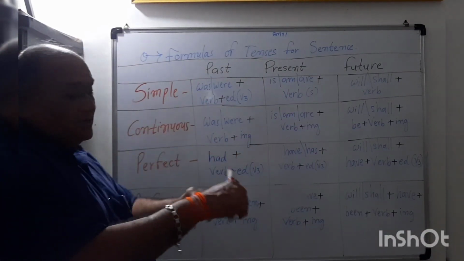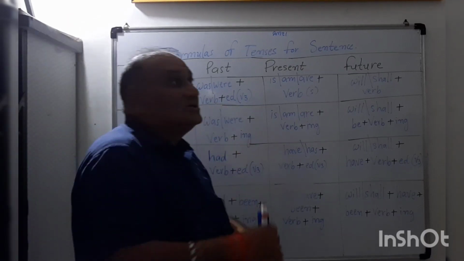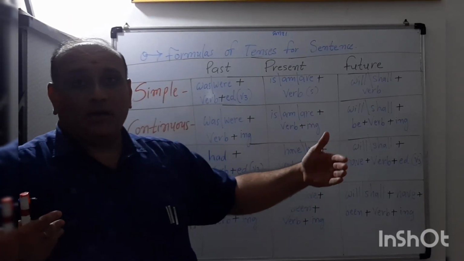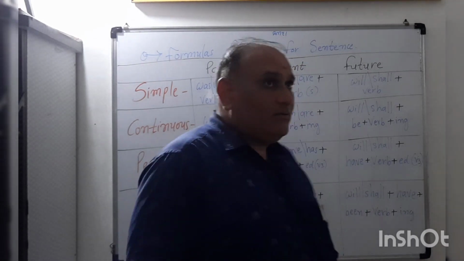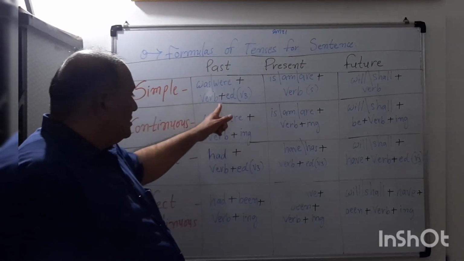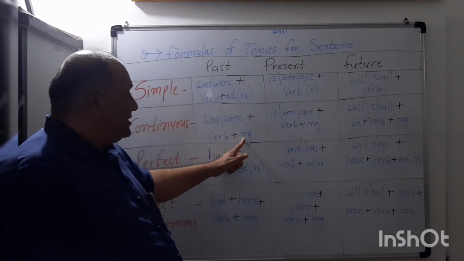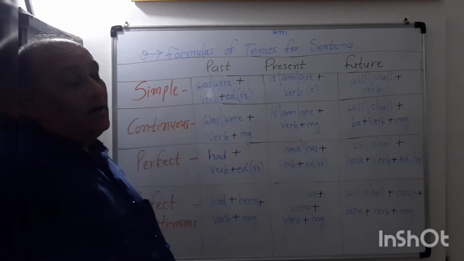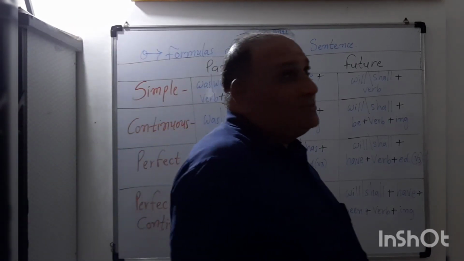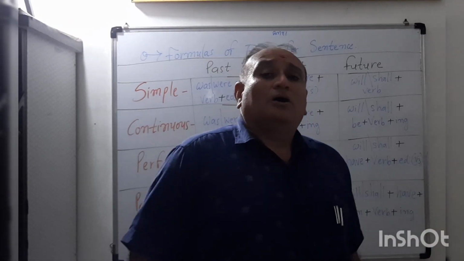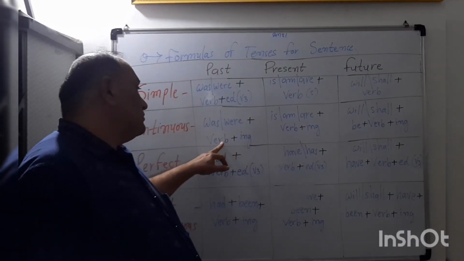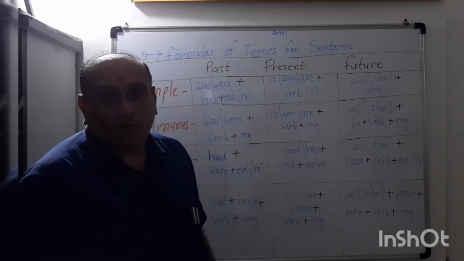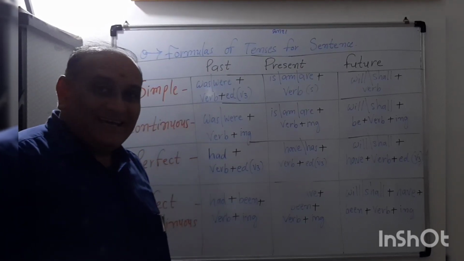So past continuous tense: in the past something has happened and it has a duration, then we should describe it with was or were plus verb plus ing. If we have to describe something with the duration in the continuous way, we should always use ing with the original verb, v1 plus ing.